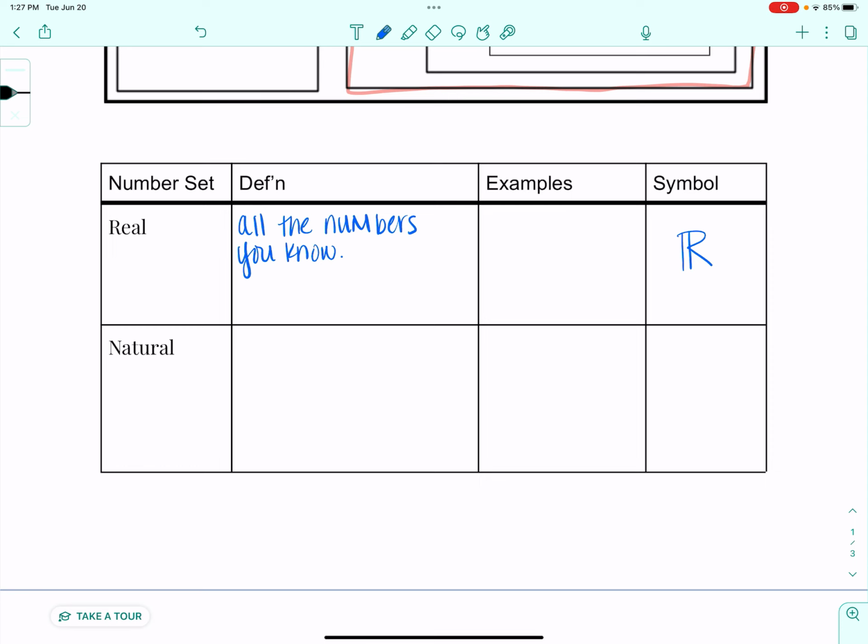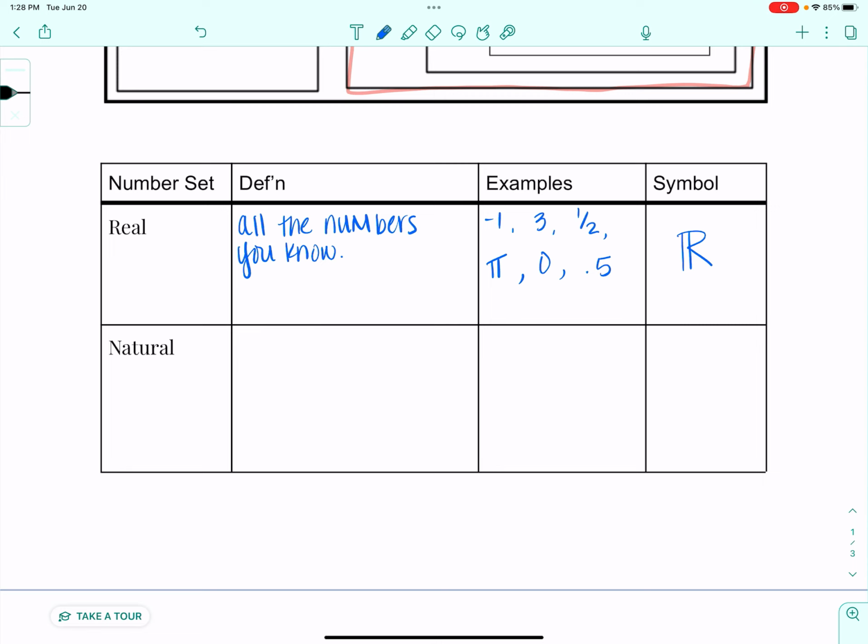The negatives, the positives, the fractions, the irrational numbers, 0, the decimals, all of those are real numbers.